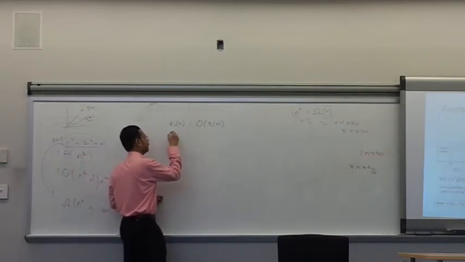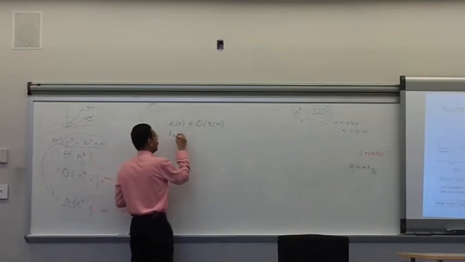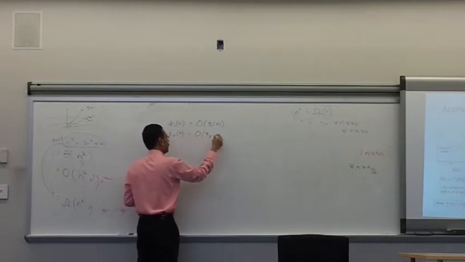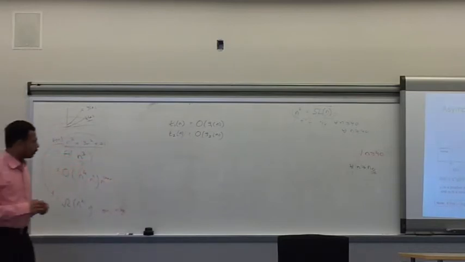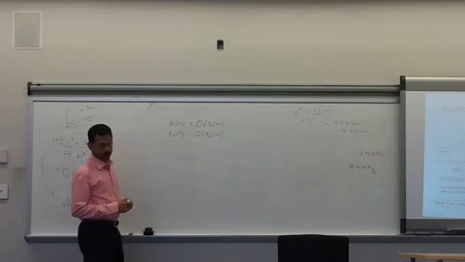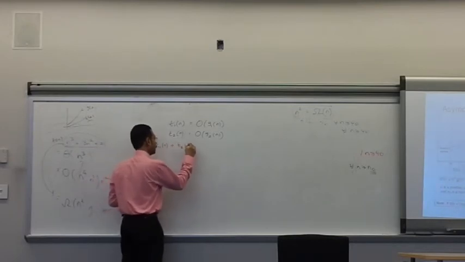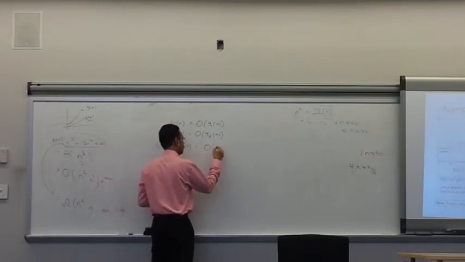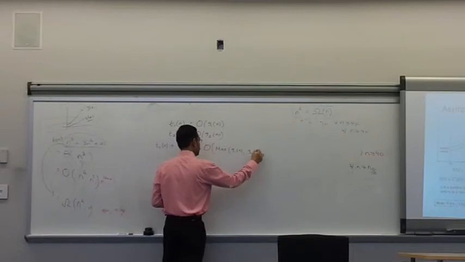If T1 of n is equal to big O of g1 of n, and T2 of n is big O of g2 of n, then T1 of n plus T2 of n is big O of the maximum of g1 of n and g2 of n. Sometimes instead of equal to, I may use belongs to; they are the same thing either way. We'll just use equal to.